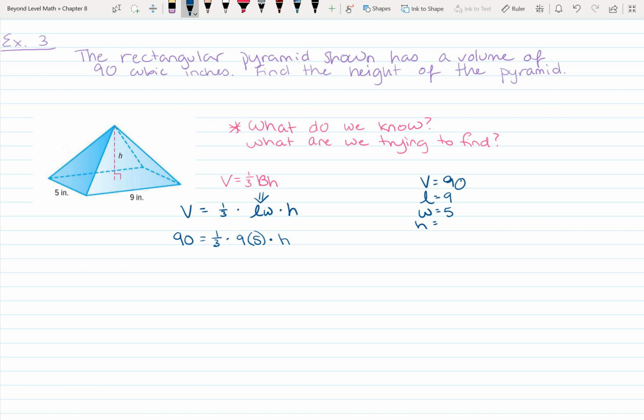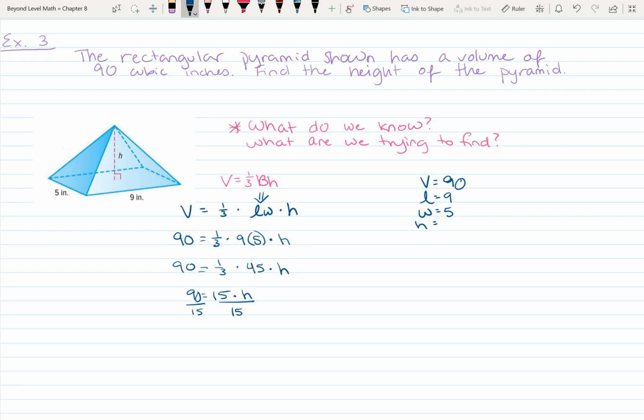So we've got 9 times 5 gives us 45 equals 90. I'm going to do 1/3 of 45, which gives us 15. So 90 equals 15 times H. Or you can just write 15H, which is fine. Now to isolate that variable, since we're dealing with multiplication, we're going to divide both sides by 15.